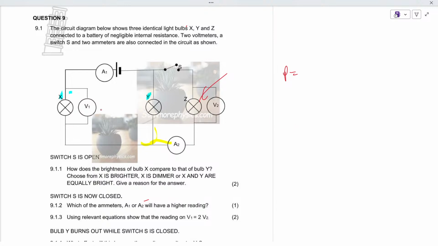When it comes to V1, it will be equal to IR. Remember that we don't have any values that we're using here. But when it comes to V2, because current will be split into two here, the current is going to be half.